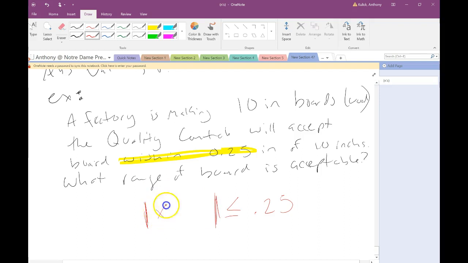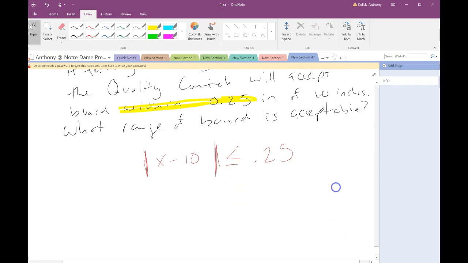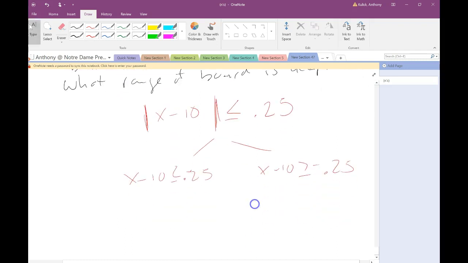And then, if x is the board length, if I subtract 10 from it, the target length, the actual board length has to be within 0.25 of that goal length, right? So then I could just solve this, and so on.